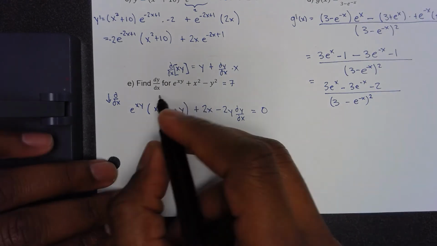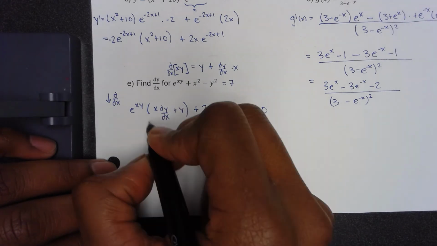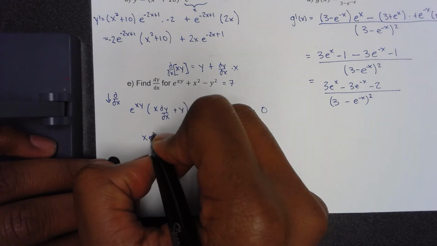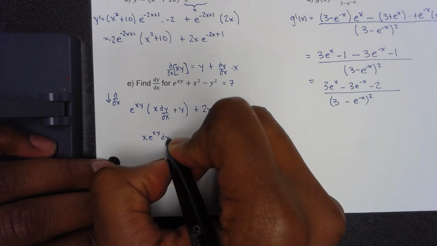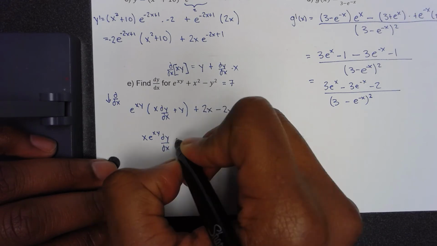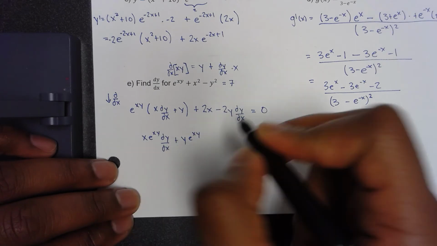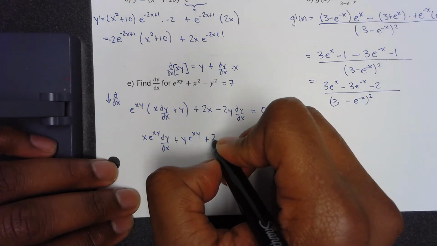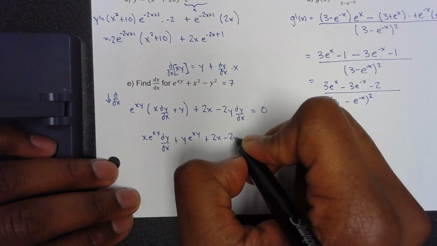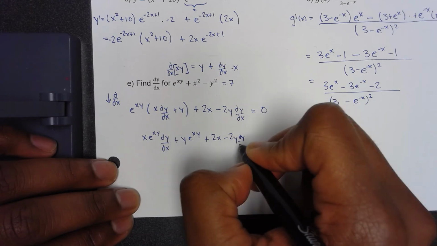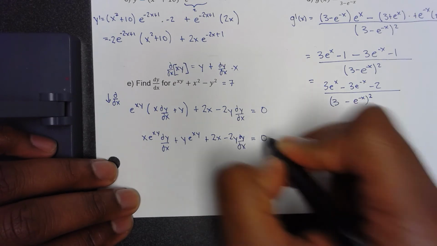I guess it's prudent to distribute e to the xy, so we get x e to the xy dy over dx plus y e to the xy plus 2x minus 2y dy over dx equals 0.